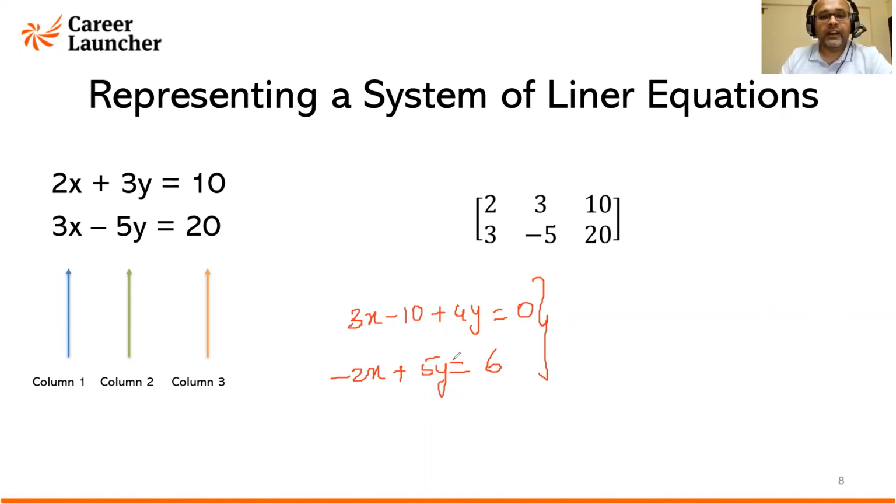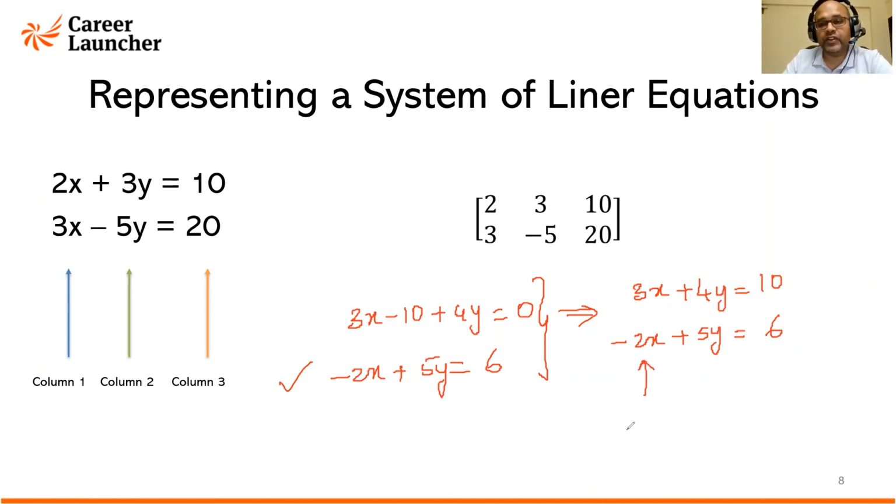What is my format? Right hand side should be a constant. So the second equation is correct, but the first equation I will have to rearrange. So what will I get? 3x plus 4y equal to 10 and minus 2x plus 5y equal to 6. Now I have it in the format that I want.